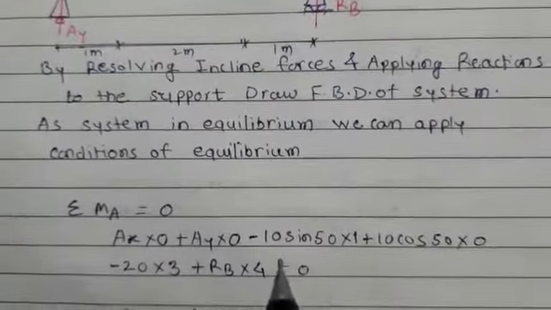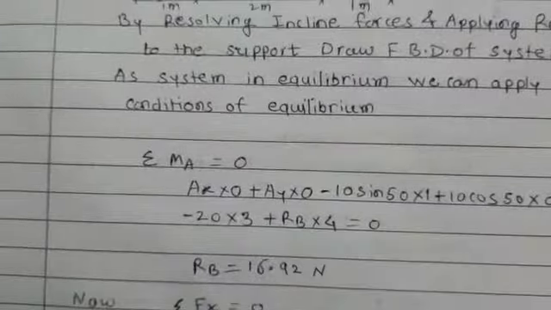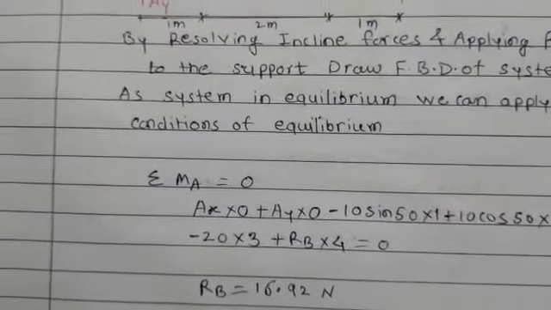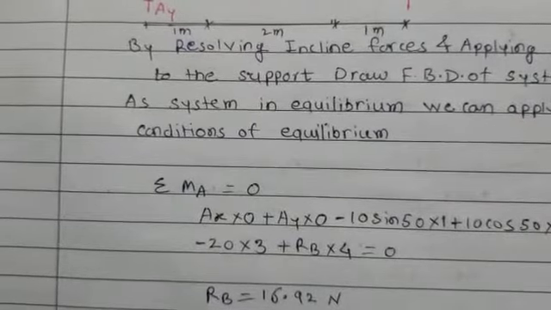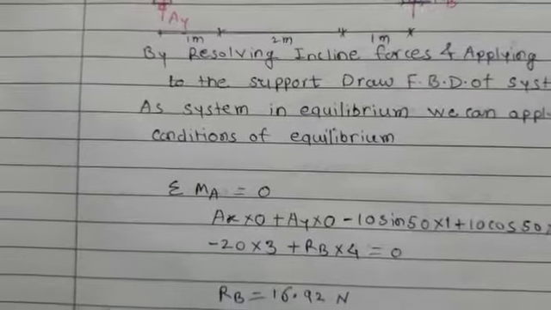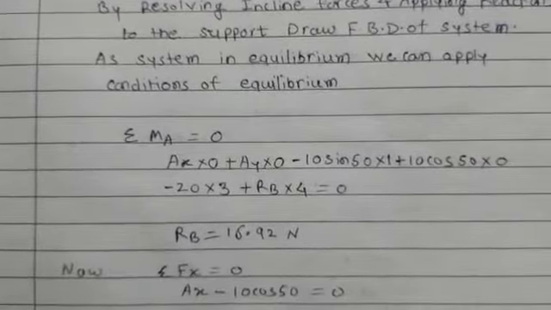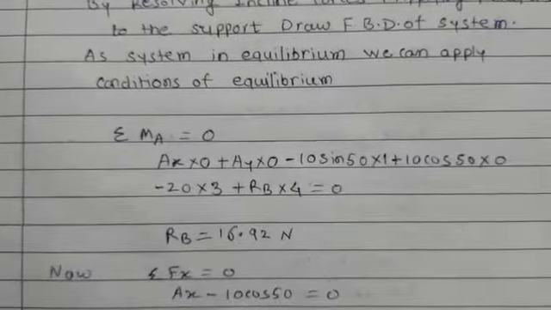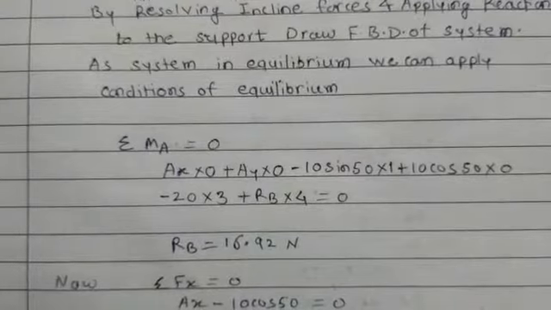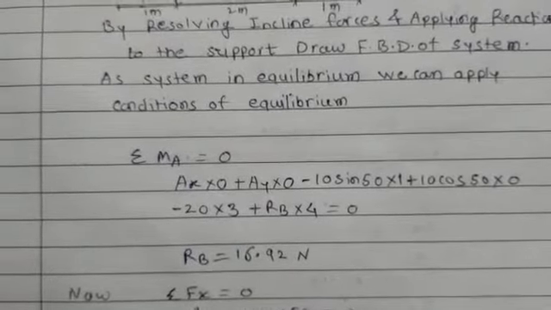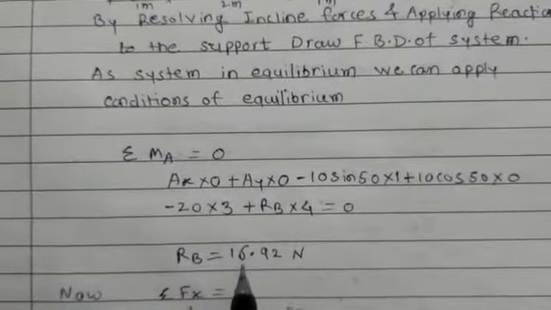So as we know, the sign conventions are clockwise negative and anti-clockwise positive. Hence this equation we have got, and we have calculated the reaction RB, and that is 16.92 Newton.